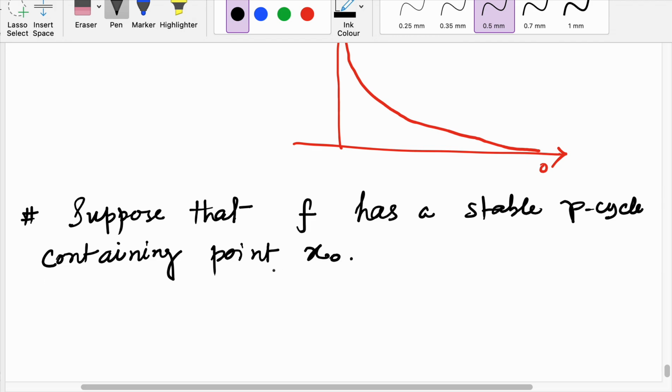Now we have to calculate the Lyapunov exponent. What is the Lyapunov exponent?